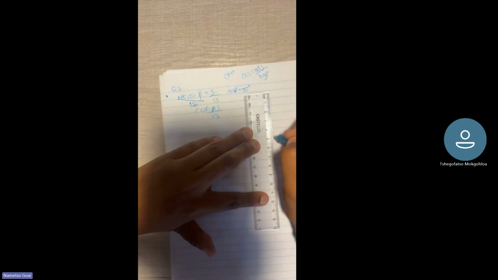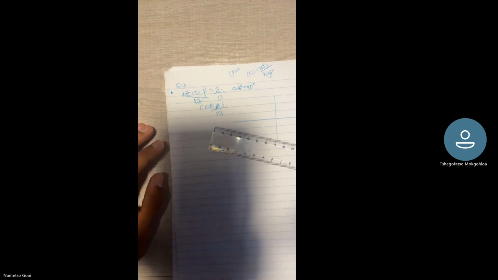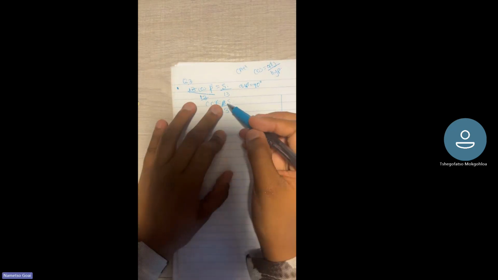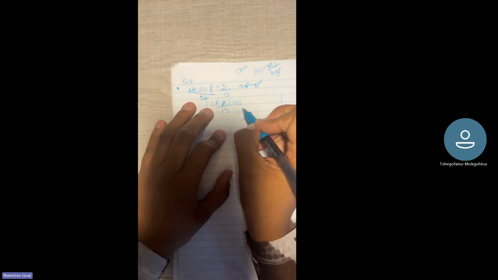Because remember, they said provide a sketch. So when you provide your sketch, it has to look like this. Remember, we said cos is what? It's adjacent over hypotenuse.